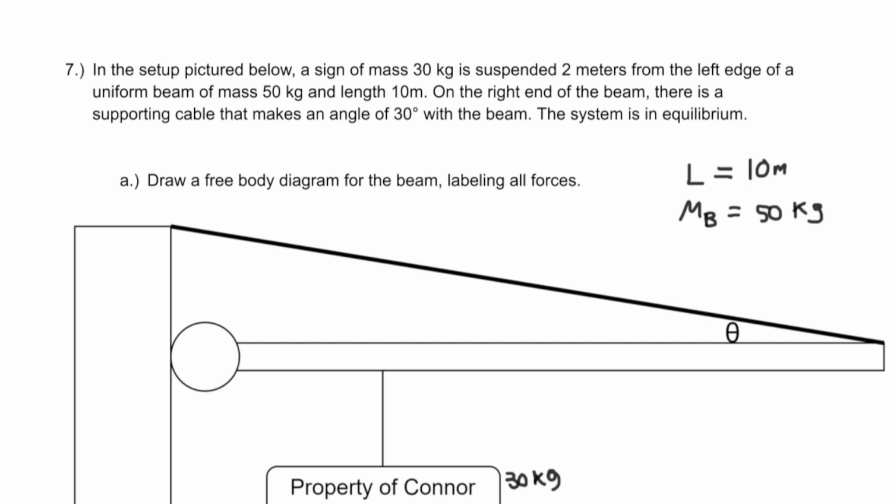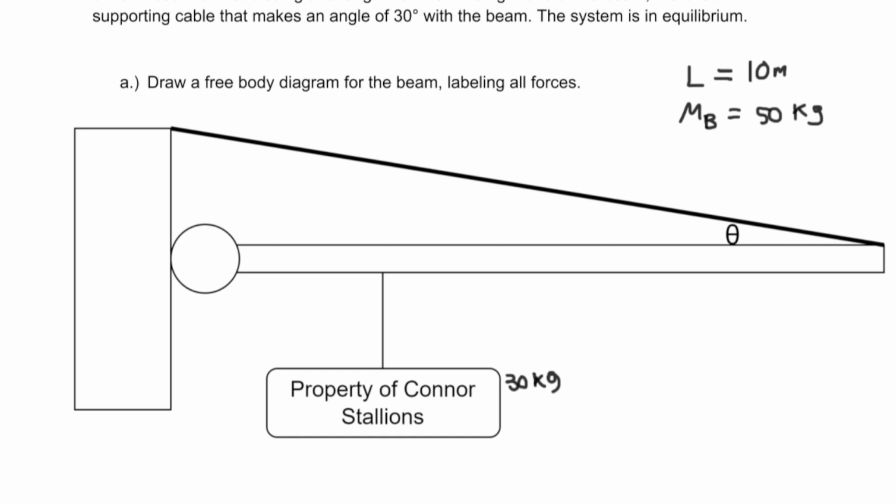Okay, this is another classic torque situation. So, we're going to draw a free body. So first, we're given that it's in equilibrium. So the fact that this system's in equilibrium means that this sign is not falling, so the tension in this cable must be the same as the 300 newtons of weight of the sign itself.